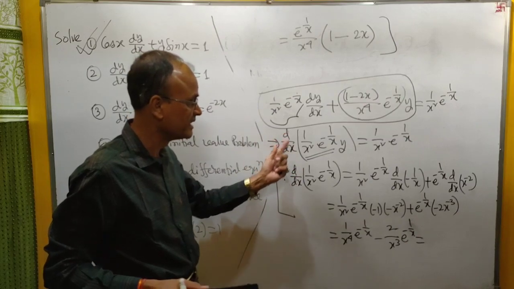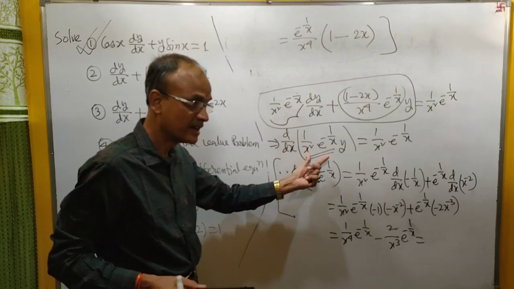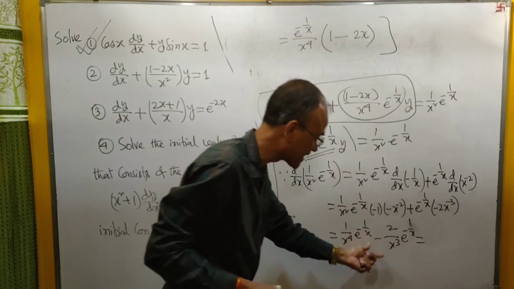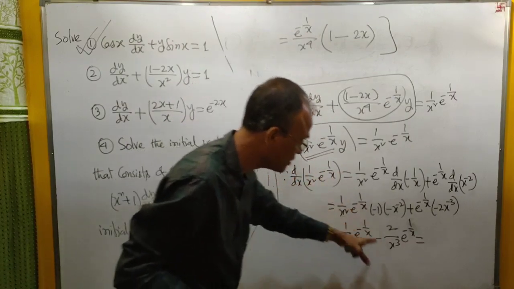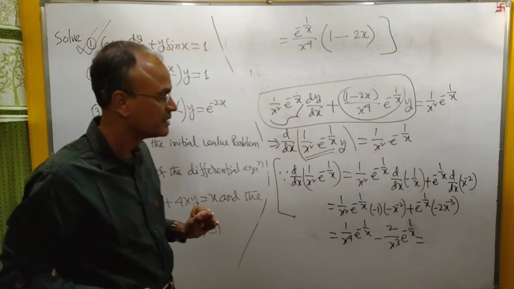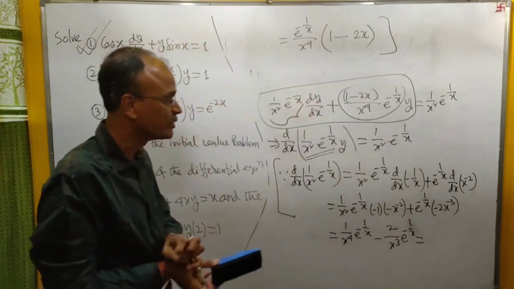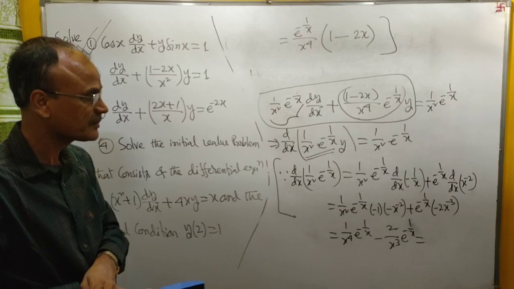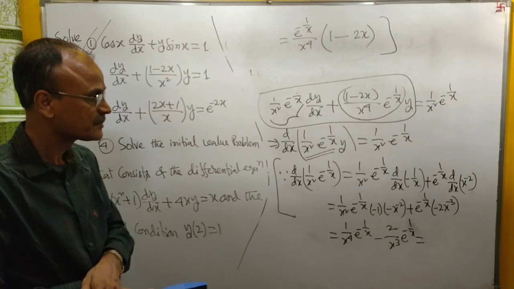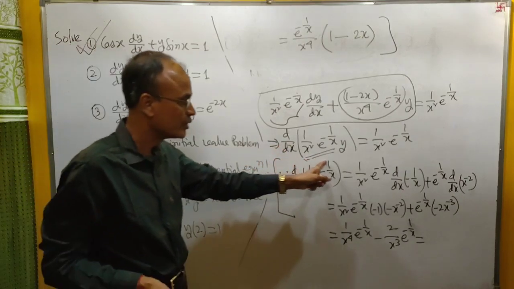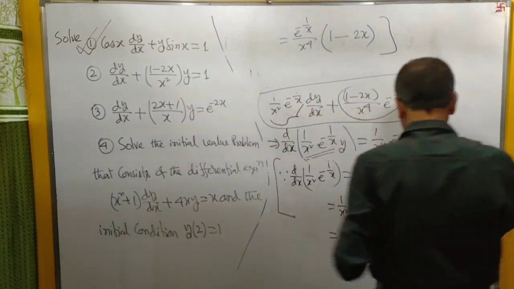Why we have written d dx of this? The logic is here within the bracket. The logic has been written within this bracket. Therefore, we have got this equation.